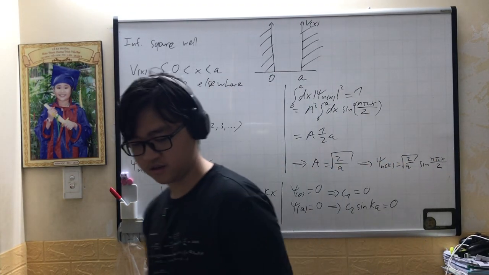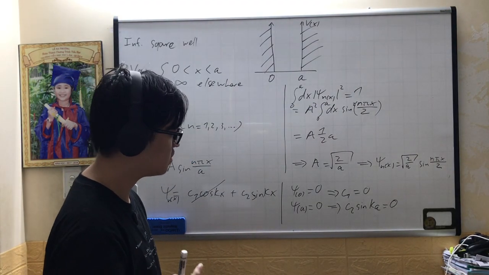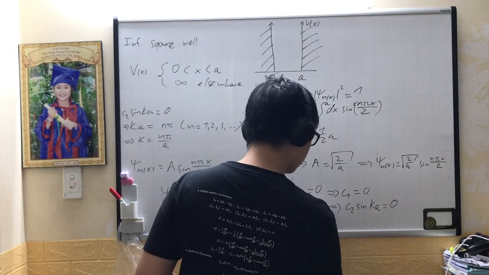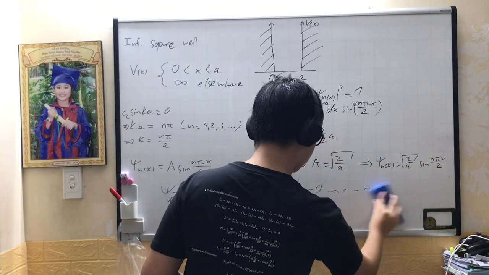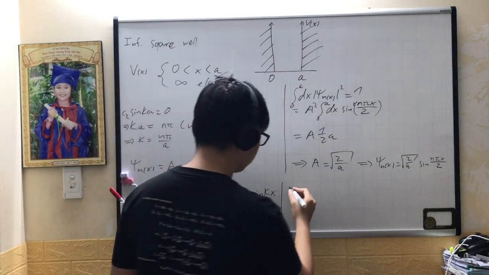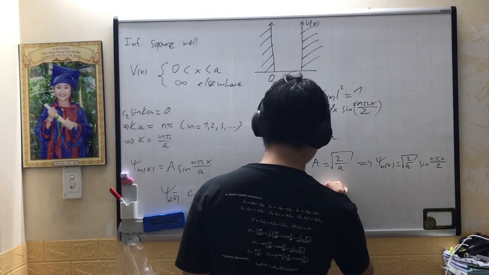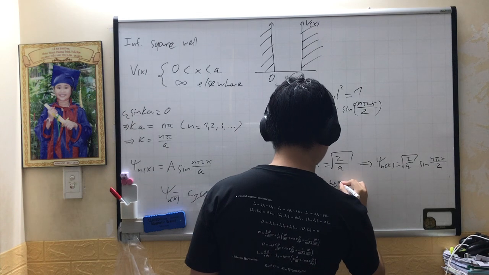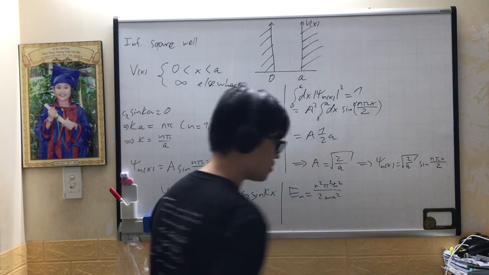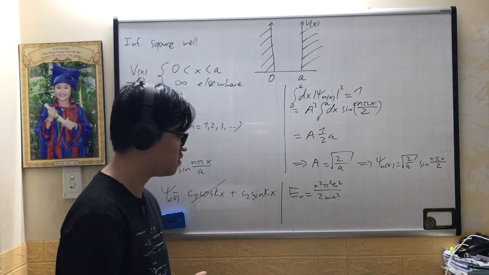So that would be the general form, and from here you can figure out the momentum and the energy. This part can be gone. In general, the energy eigenvalue for an infinite potential square well, you can just derive it pretty easily. There we go. That is your general form for energy eigenvalues.